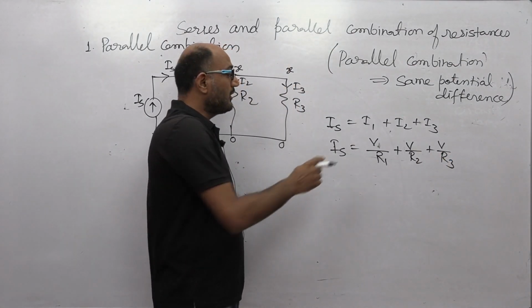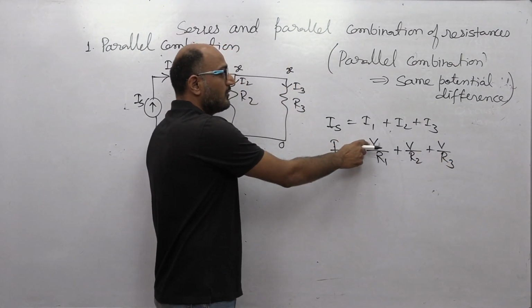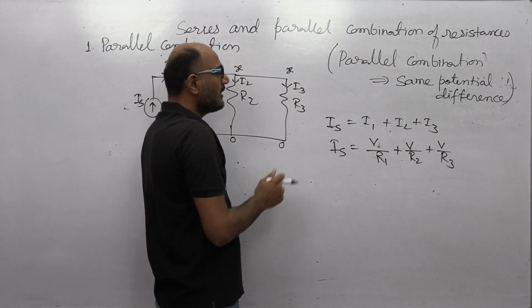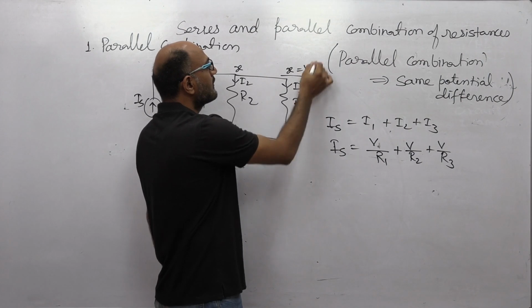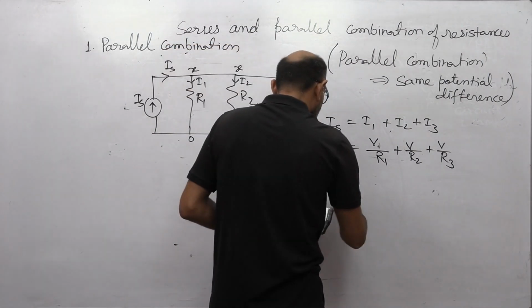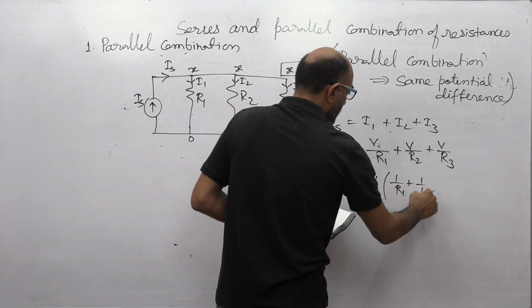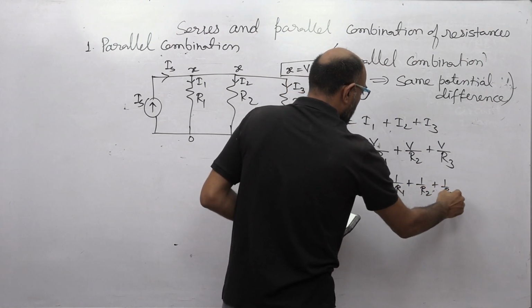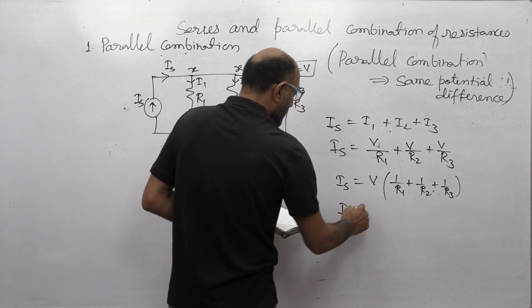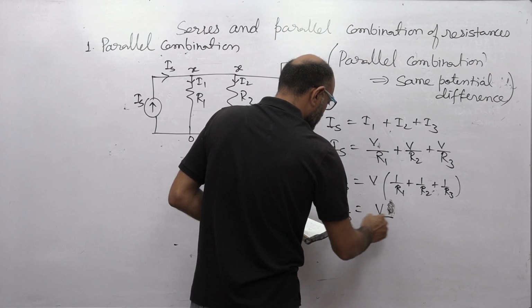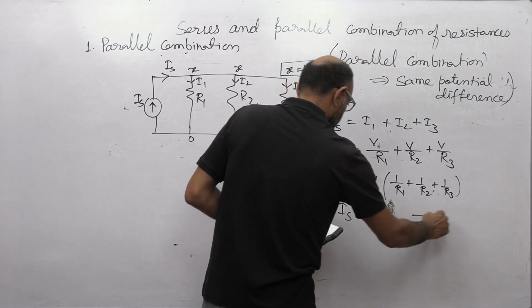I use the property of the parallel combination, V same for all the three, x, x, x, 0 to x, you can call it V here, right? So this is what Is equal to V into 1 by R1 plus 1 by R2 plus 1 by R3. This we can treat as V into R equivalent.